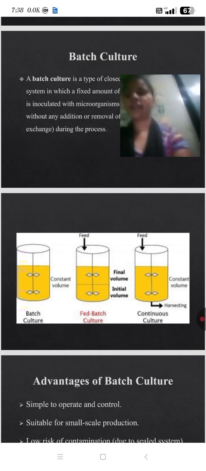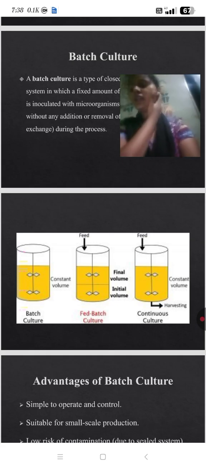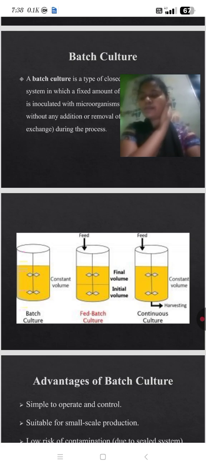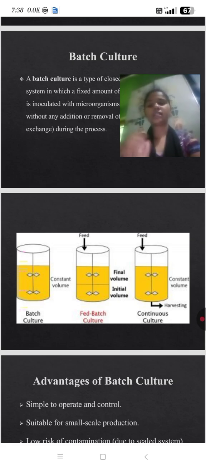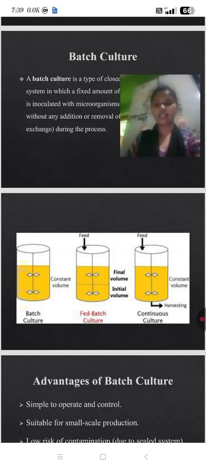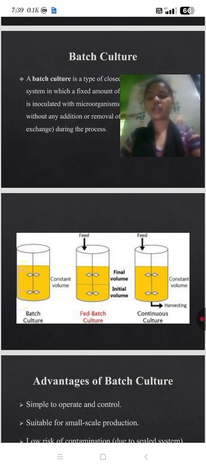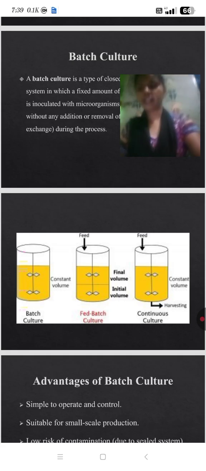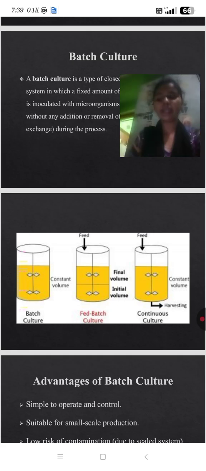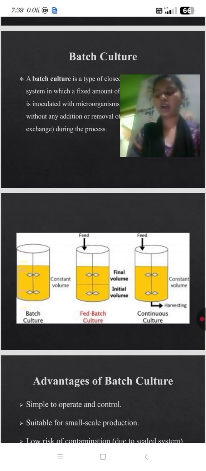System input: we compare the three cultures: batch culture, fed batch culture, continuous culture. Batch culture: no additional feed after start, no removal, and the volume is constant. Fed batch: fresh medium added gradually, no removal, and the volume increases.